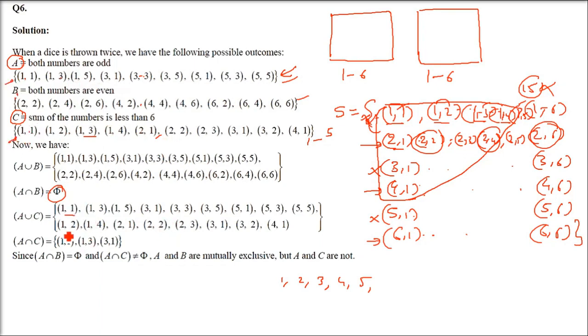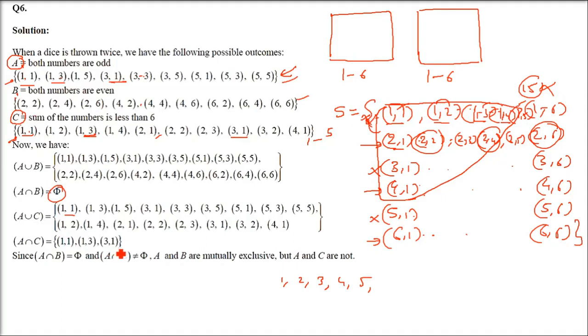And then A intersection C. You just have to see which numbers are common between A and C. Whichever has come twice in A union C, that is the only common part here. So (1,1), (1,3) and (3,1) will come. So you'll get A intersection C.